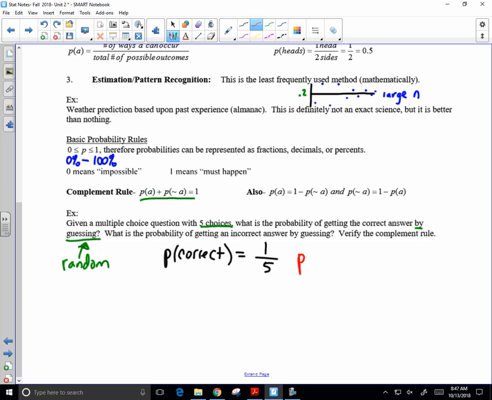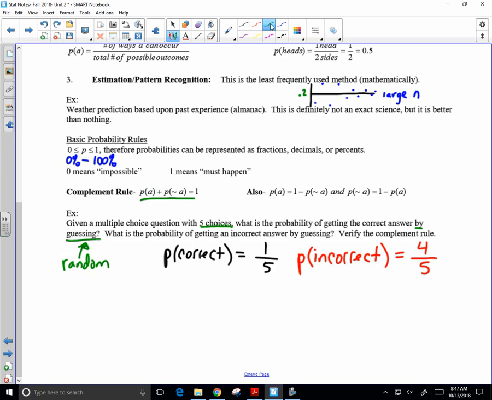The probability of getting it incorrect. Common sense tells us that if one of those 5 choices is right, then the other 4 have to be wrong. I didn't need any kind of rule to tell me that. If we know the nature of the situation, you say, okay, well, one's right, the rest have to be wrong.